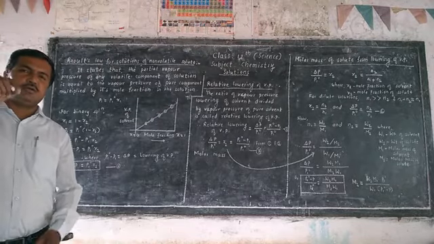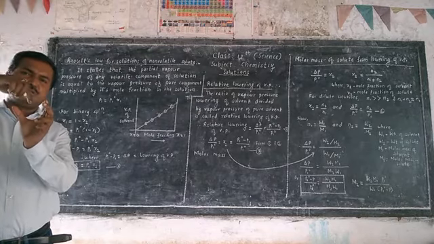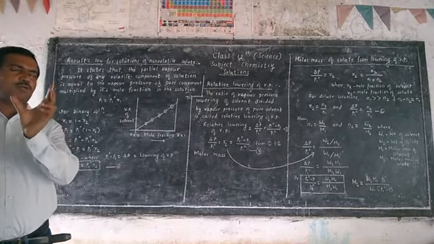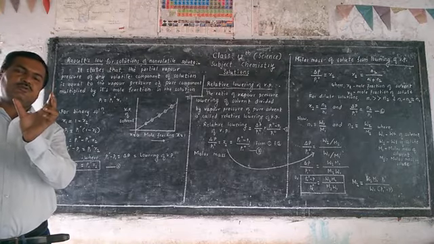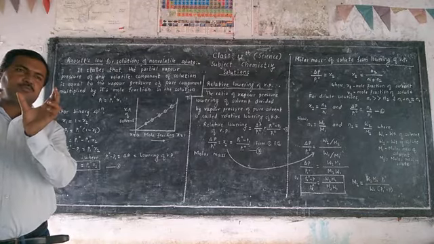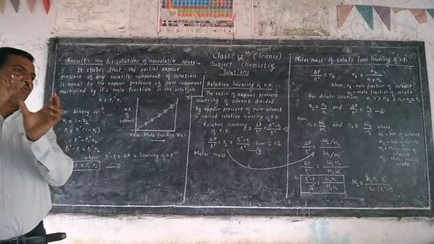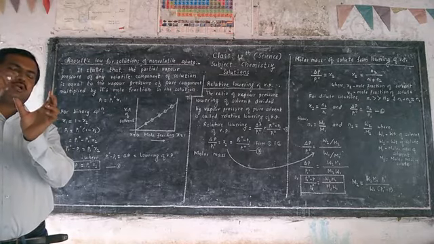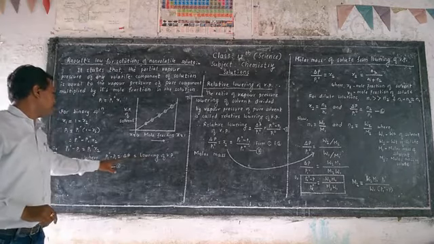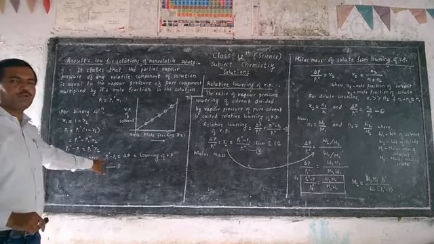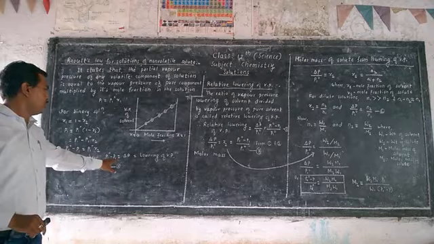When we add a non-volatile solute to the pure solvent, it becomes a solution, so the vapor pressure will be less than that of the pure solvent. This is the lowering of vapor pressure.